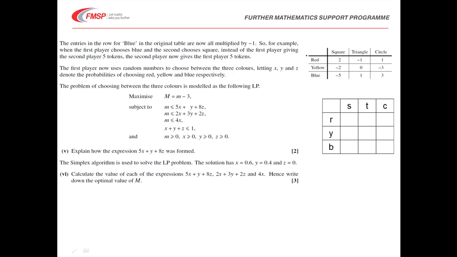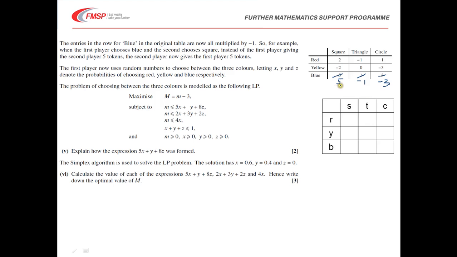So if we just have a look at that here, this is the table that we were given in the original question, but it then says we've got to multiply the entries in the row blue by -1. So that becomes 5, that becomes -1, and that becomes -3. So that means when the first player chooses blue and the second chooses a square, now the first player gives 5 tokens, now it's the other way round.